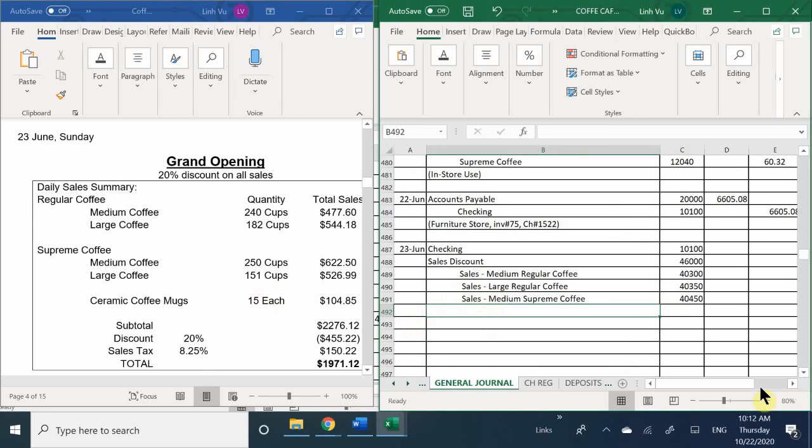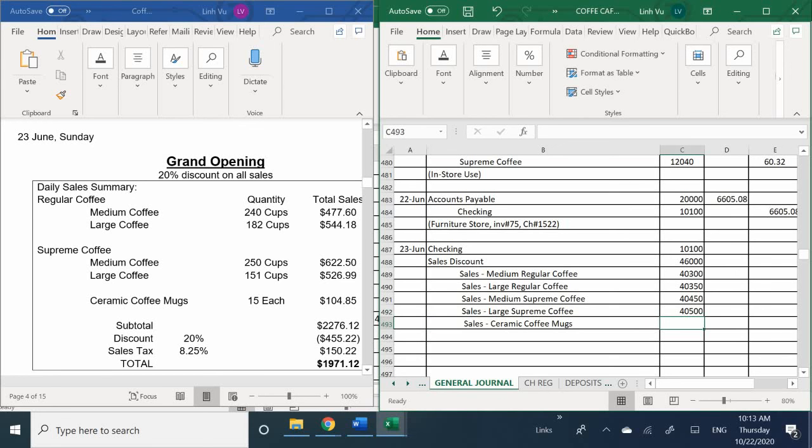Then sales supreme large coffee, sales large supreme. And then we're going to do sales, oh goodness, what's the big other? Sales ceramic coffee mugs.